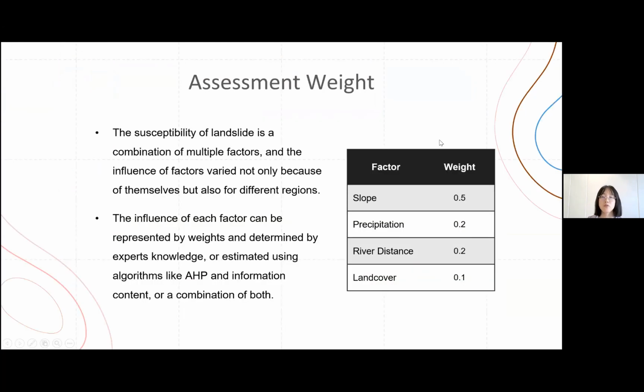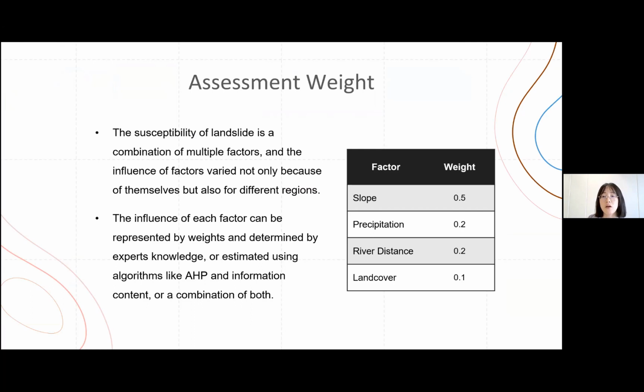And then after we have evaluated all the factors, our next step is to combine them together based on our assessment weights. As we said before, the influence of each of our factors varies, not only because of the factors themselves, but also for different regions.